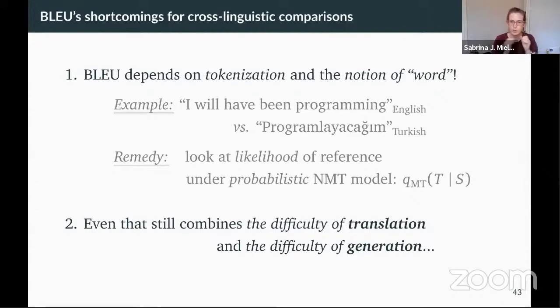Because to generate the target, you need to both understand the source and draw some things from it, transfer them into the target language, and then produce grammatical output in the target language. And we've seen in the previous talk that that is not working equally well for all languages. And so in this paper, we are teasing those two apart. We are asking how difficult is not the entire process of translation, but just this reading and extracting without the generation part.